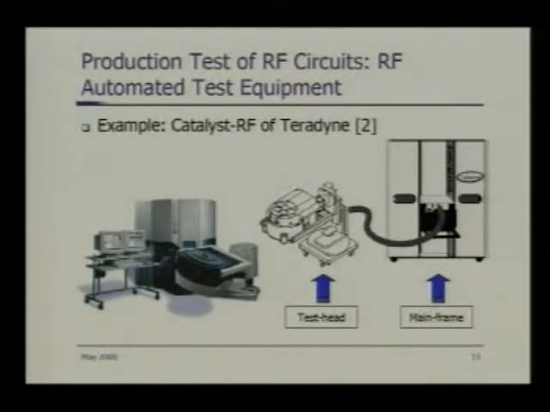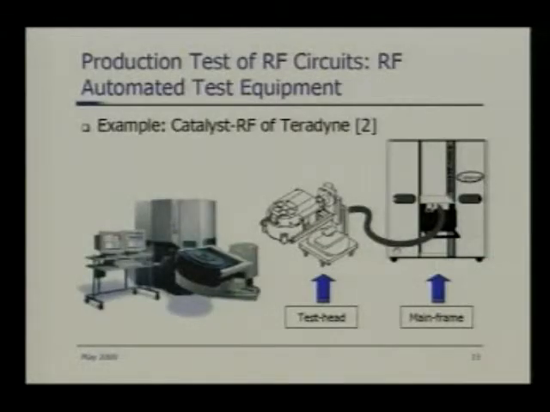For example, you are testing an RF specification of RF output power at say 1.5 gigahertz, so there would be an RF signal generator sitting within the mainframe. Suppose you want to capture the test response at 1.5 gigahertz, so there will be a spectrum analyzer sitting within the mainframe. The test signal generator will send the signal through this bunch of cables.